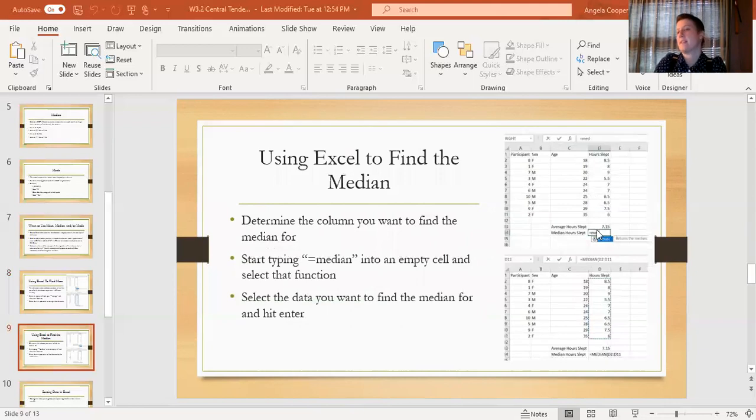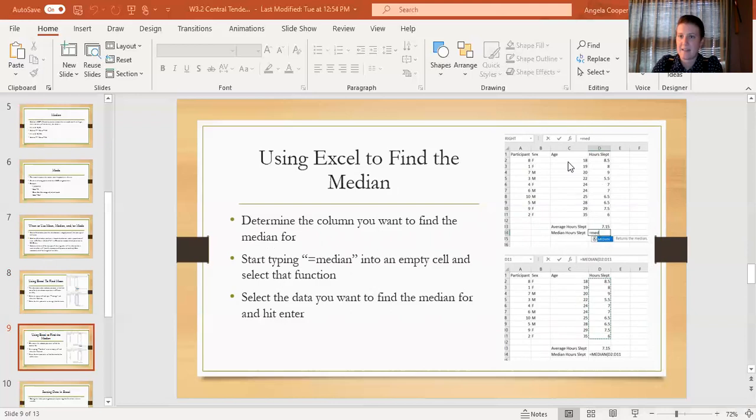Median is almost the exact same thing, except instead of typing equals average, you start typing equals median. So the equal sign, MED, and you still find an empty cell. You'll see here that I've gone over this: 7.15 was the average hours slept. For the median, we start typing median, double click it, select these numbers, and hit enter, or select whichever column you want to find the median for.